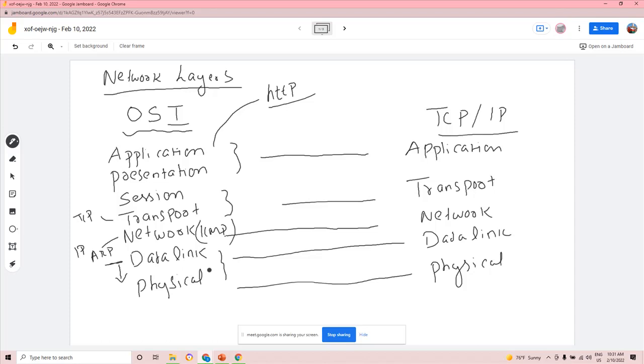For example, ICMP protocol, when there is any error in the network, is used to relay the error message. IP is used for routing, TCP is for transporting, HTTP for web communication. So what function these protocols are going to provide will be defined in the standard, so they have to follow that standard. Clear?